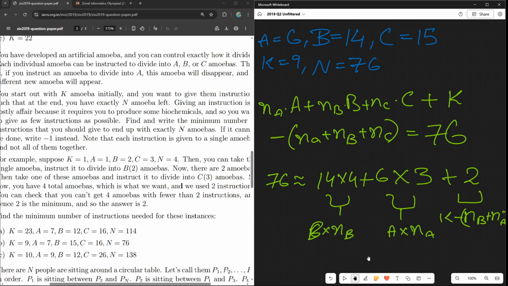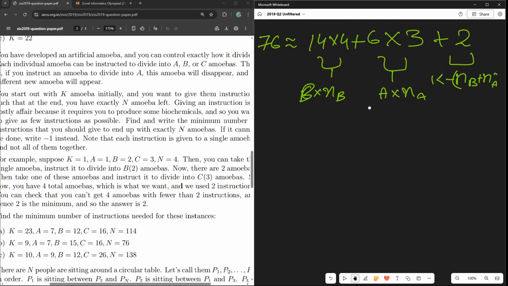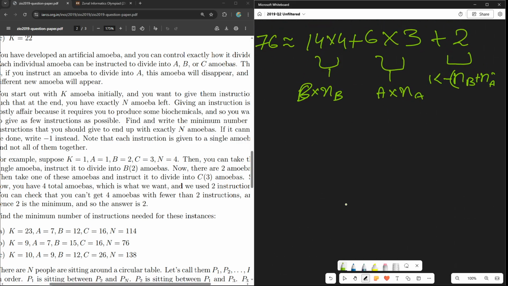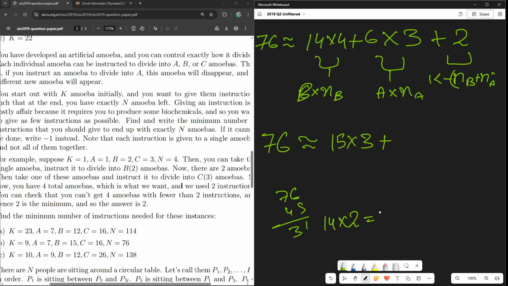We'll check for other things which might be minimum, because if you want to get the minimum, what you have to do is multiply with higher numbers, which is 15 and 14. What is 15 into 3? 15 into 3 is 45. 76 minus 45 is 31. 31 can be written as 14 into 2, so you will have 28, and the remaining will be 3, right?